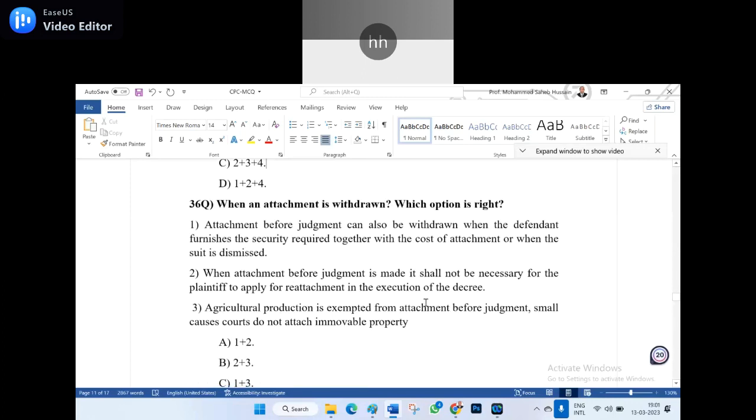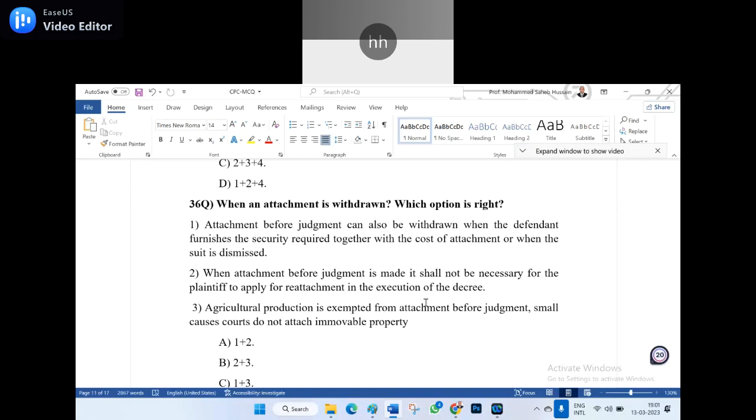When an attachment is withdrawn, which option is right? I repeat, 36th question. Number 1, attachment before the judgment can also be withdrawn when the defendant furnishes the security required together with the cost of the attachment or when the suit is dismissed. 2.